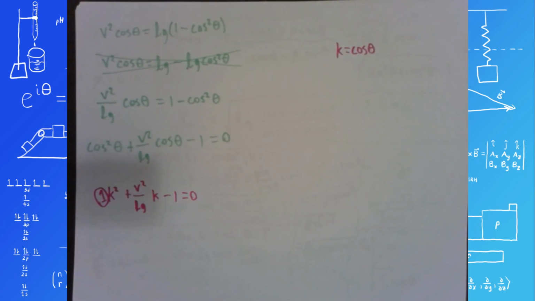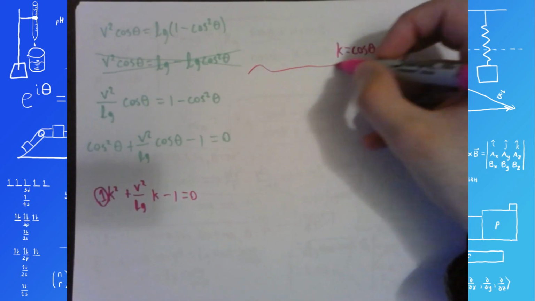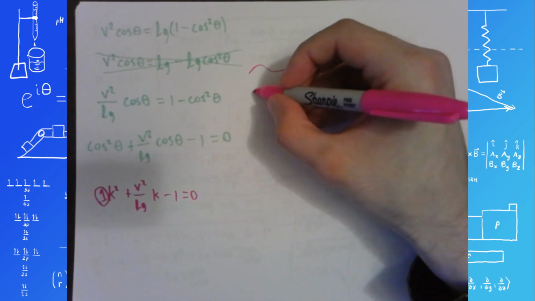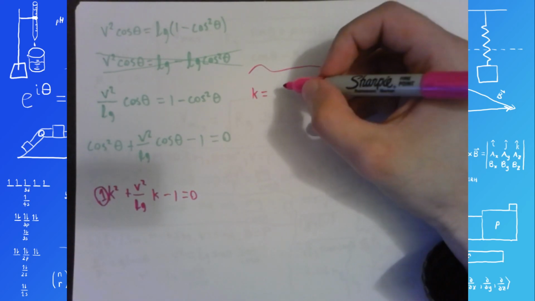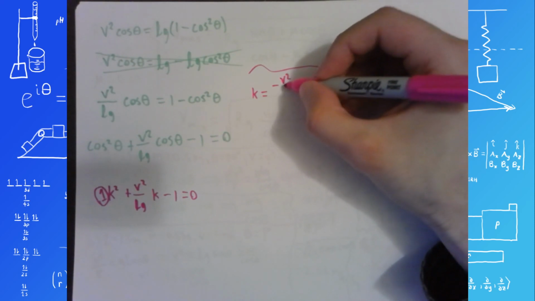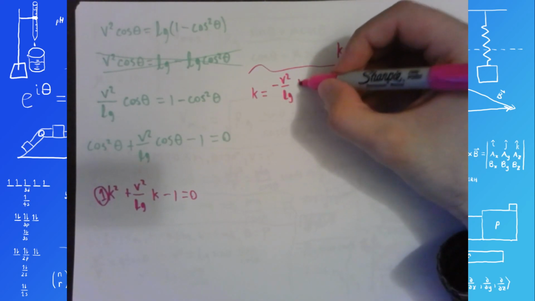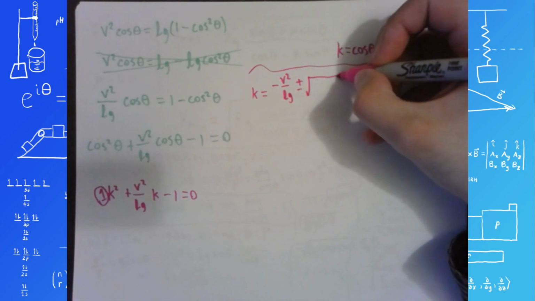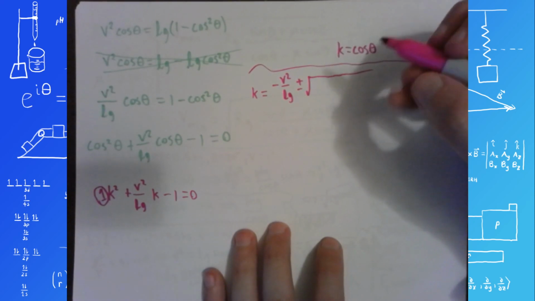So we can just use the quadratic formula here. I guess I'll start it off up here. k equals negative b, which would be negative v squared over lg, plus or minus the square root of b squared minus 4ac.